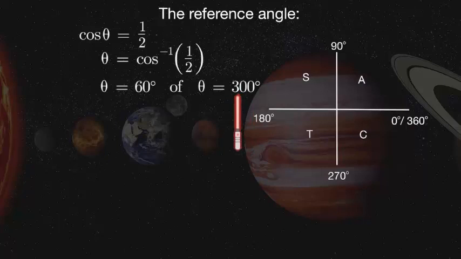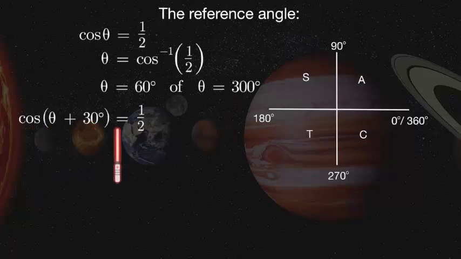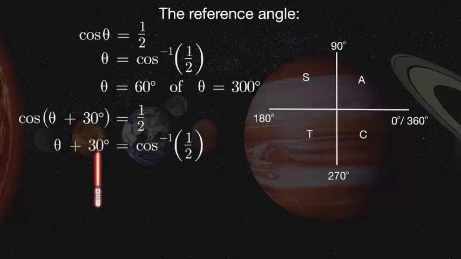Okay, now what about the following example? We are given the cosine of theta plus 30 degrees, and that is equal to a half. Now what we need to do next is move this cosine over as its inverse. So theta plus 30 degrees is equal to cosine to the power of -1, and we put the ratio in brackets.